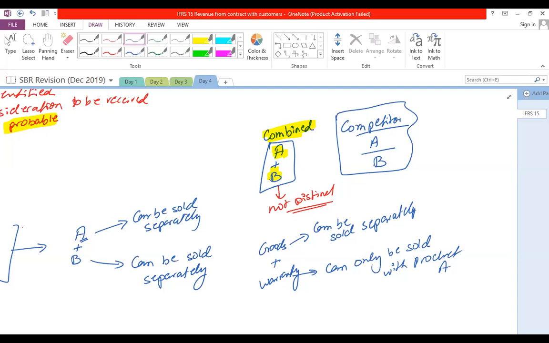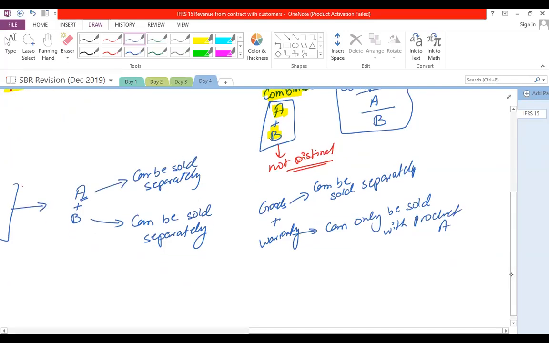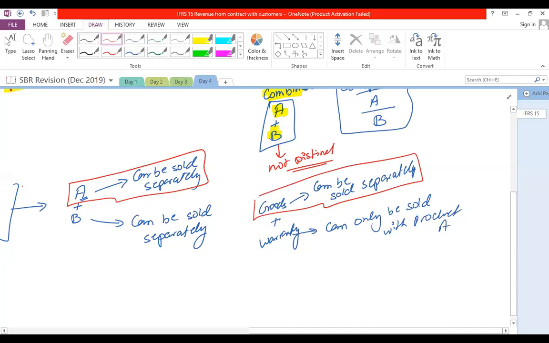So even if any single product can be sold separately, that will become distinct. If A can be sold separately, that's distinct, irrespective of the B. If the goods can be sold separately, these are distinct, irrespective of the other product.